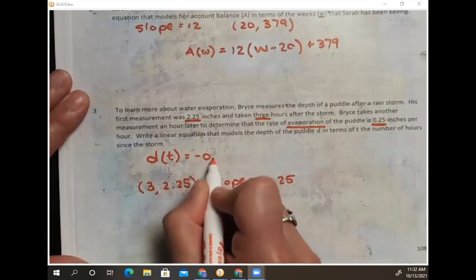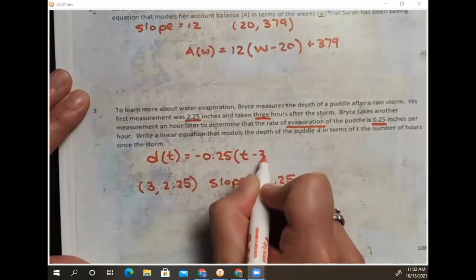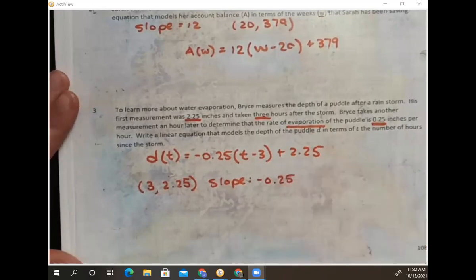So then to finish my function, negative 0.25 times T minus 3 plus 2.25. If I don't have initial values, it's kind of hard to write slope-intercept form. But point slope, if I've got a value, if I've got some points, not too bad.